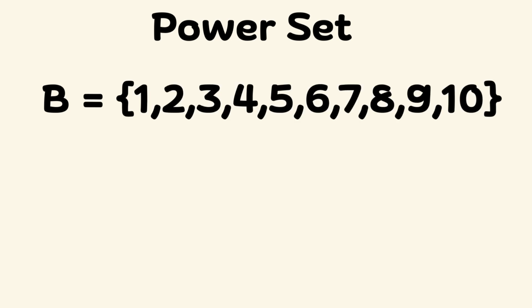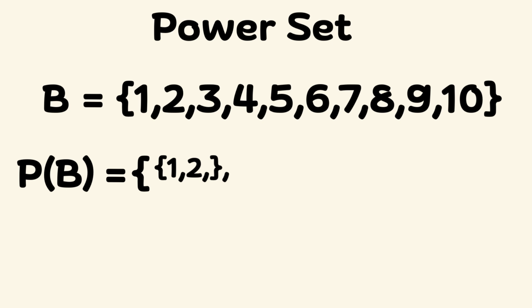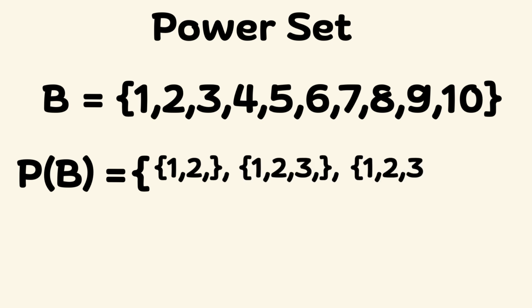So if we have a set B, which is a range of numbers from 1 to 10, the power set is all the possible subsets that we can form from this one set B. So if we have 1, 2, 3, 4, 5, 6, 7, 8, 9, and 10, subset A can be 1 and 2, subset C can be 1, 2, 3, subset D can be 1, 2, 3, 4, and so on. We can also have single sets, which is just one individual element, which is just 1 or 2 or 3.